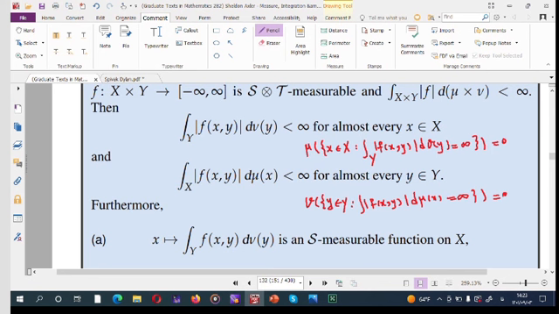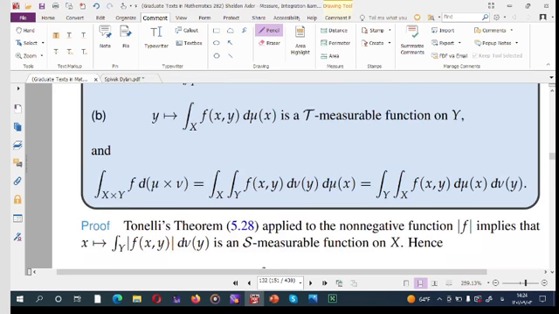This equal to this, and this equal to this. Okay, this is the definition of these sentences. So this is a real number almost everywhere. Then we can define this function as S measurable and the other function as T measurable, and we have this equality too.